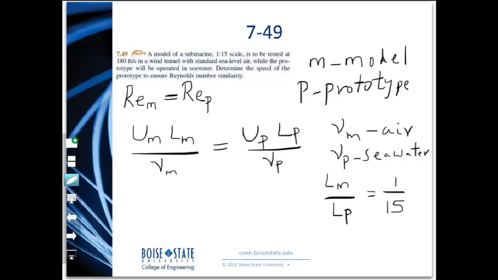So this is the length scales we are given. So from this we can write the unknown, which is the speed of the prototype, from this Reynolds number similarity as the following.